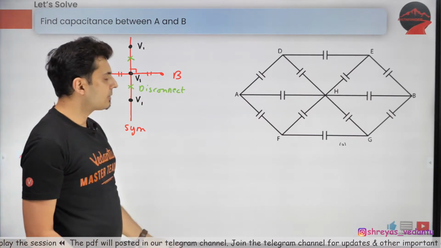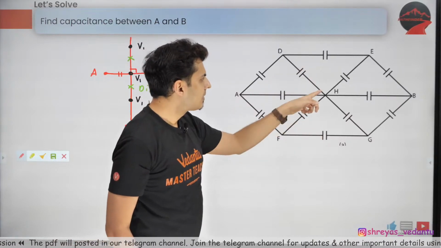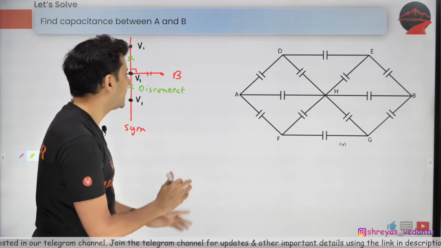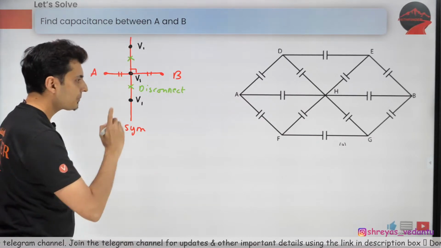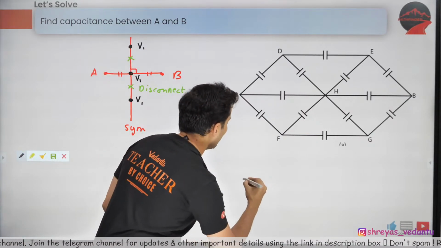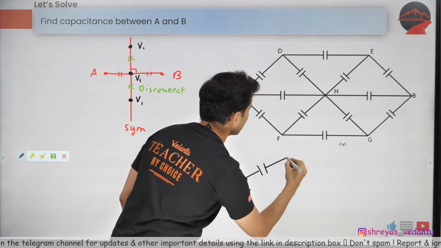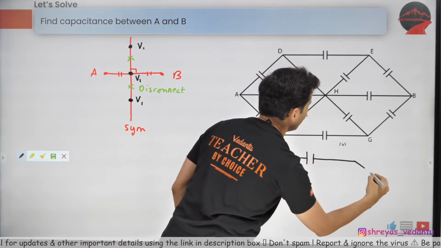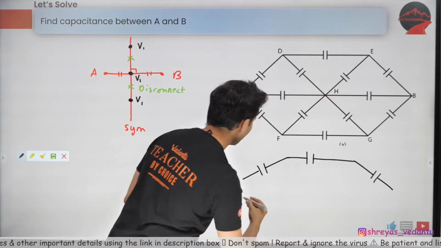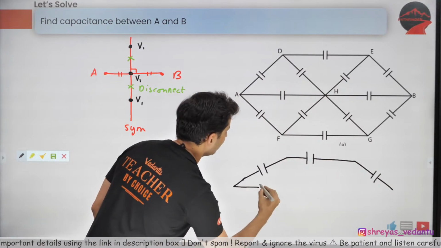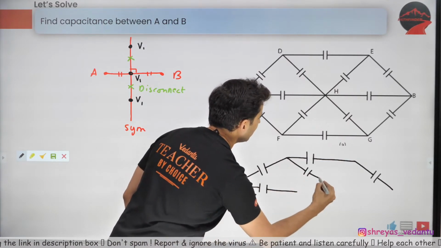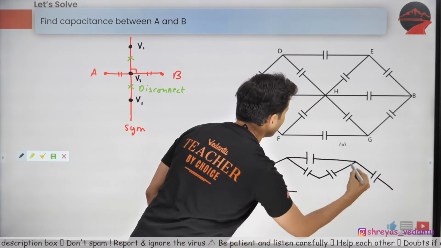Is there a perpendicular bisector I can find? Yes, but there is no line which I can disconnect. So I'll just redraw the circuit little bit so that you will get a hang of it. Okay, see guys, so what we do is we just put this capacitor and we just show this capacitor, we show this capacitor, my warriors, and let's see, I'll put this capacitor here and maybe this capacitor here like this and this capacitor here like this.